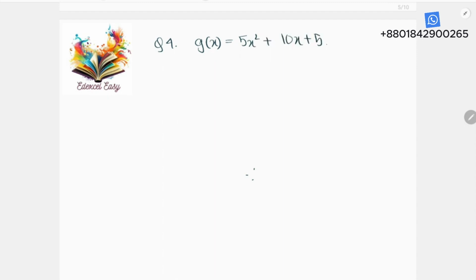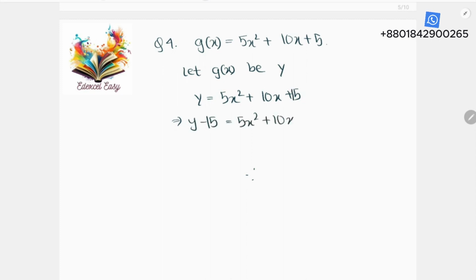Now if you have to find out the inverse, and if you carry on doing the same process, you just do like this: let g(x) be y, and y would be equal to 5x squared plus 10x plus 15, and you start making x the subject, which is basically y minus 15 equals 5x squared plus 10x.